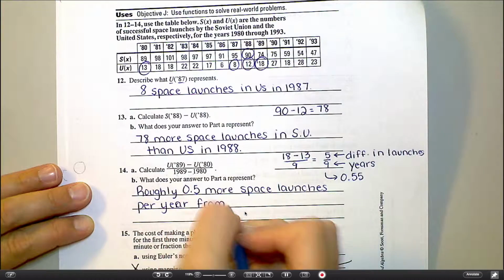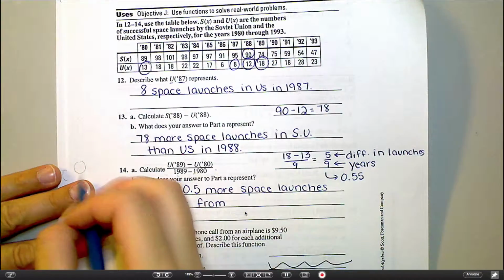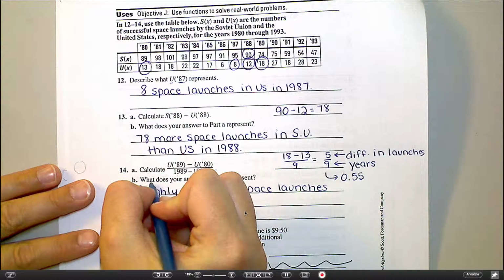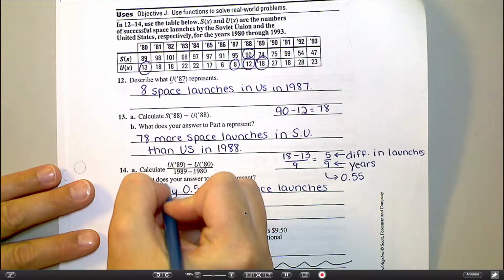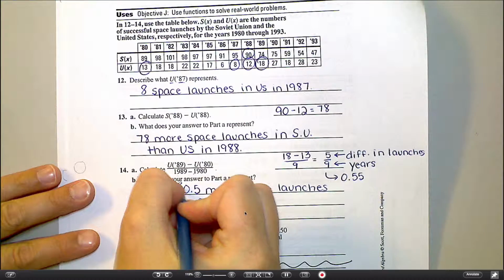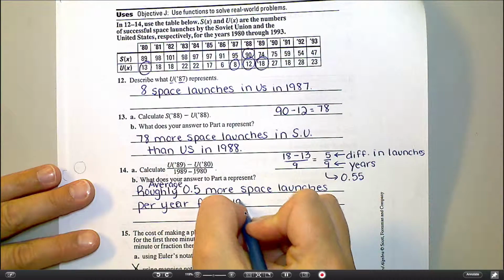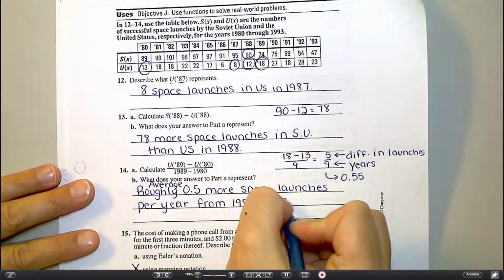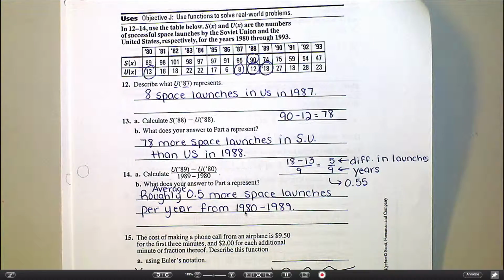So your average growth, and I really like the way you said average. In fact, I want to put that in here. So I guess average from 1980 to 1989. So if we were in charge of the United States space program, we could say, well, we've grown by about half a space launch per year.